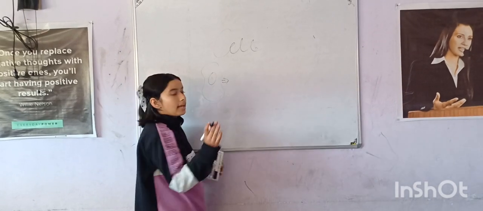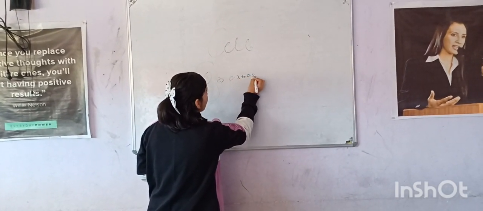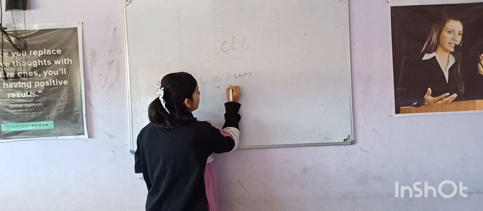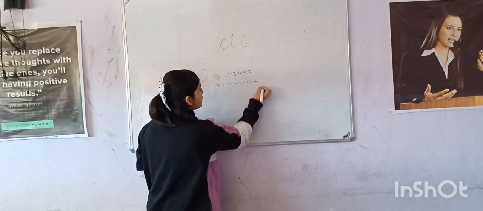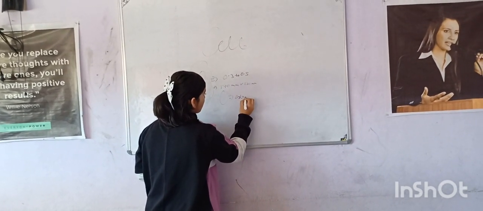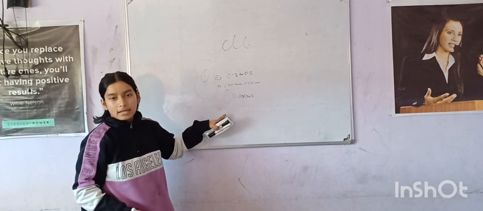The smallest size of a cell is 0.3 to 0.5 micrometer, and the largest size of a cell is 170 mm by 130 mm, which is the egg of an ostrich. This is the smallest size, and this is the largest size of a cell.